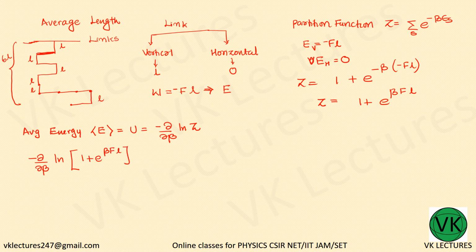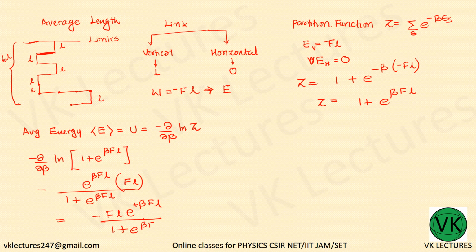So we have minus, in the denominator, 1 plus e to the power beta FL, into e to the power beta FL into FL. So that's equal to minus FL e to the power beta FL divided by 1 plus e to the power beta FL.